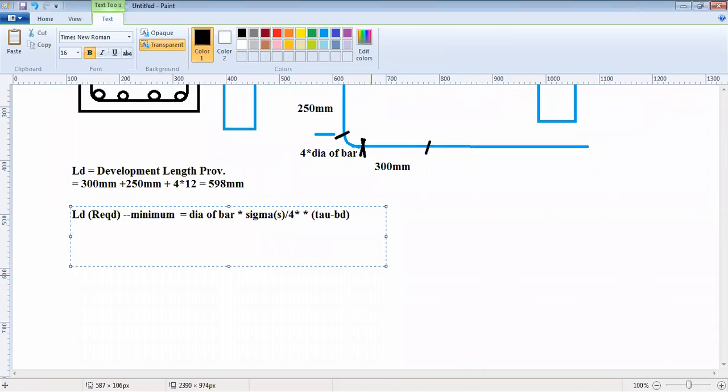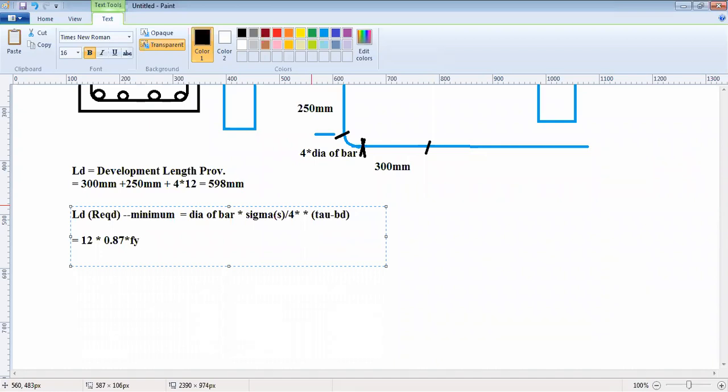Now, what is the dia of the bar here? The longitudinal bar is 12 mm. Then sigma s, what is sigma s? It's the stress in the bar at the section considered at design load. That value is usually 0.87 Fy if we take the maximum stress occurring in the bar.